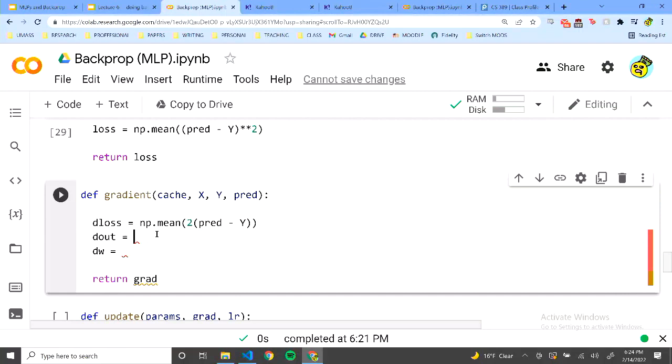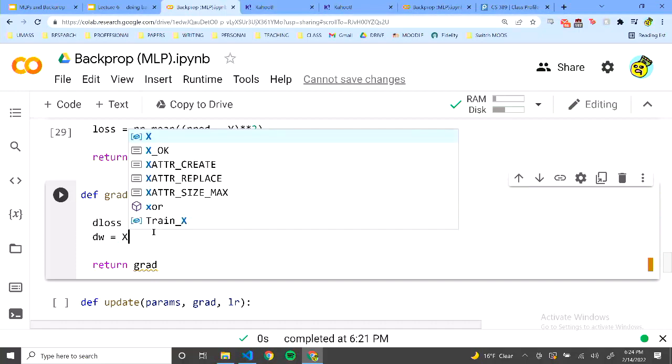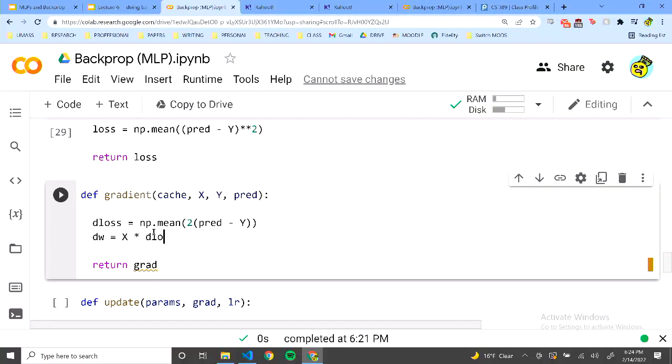So now, let's do it like this instead because this is a simple example. We have our derivative of loss, and now we want to calculate the derivative from loss to our prediction, and now we want to go from our prediction to our weight. We have one other thing in the way though, right? So before we had something like this, where it was just x, if you remember, or x times d loss.